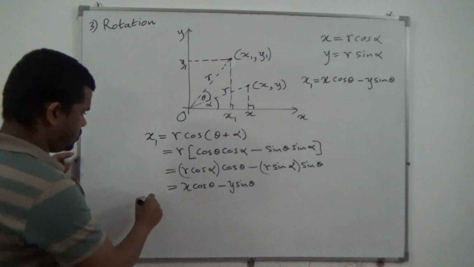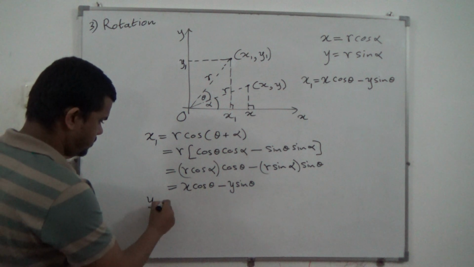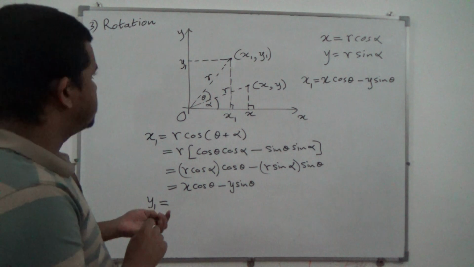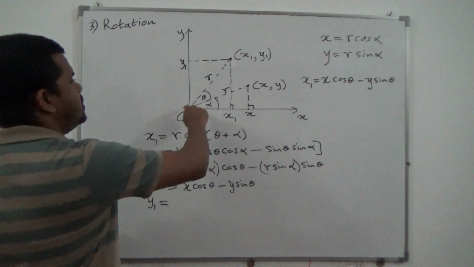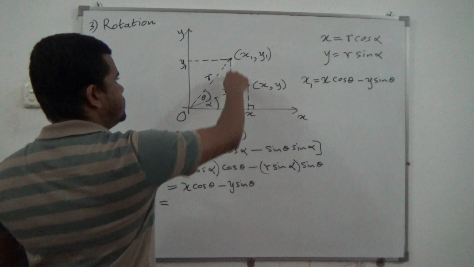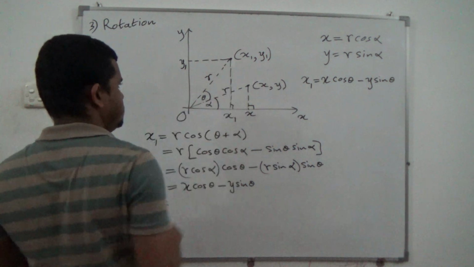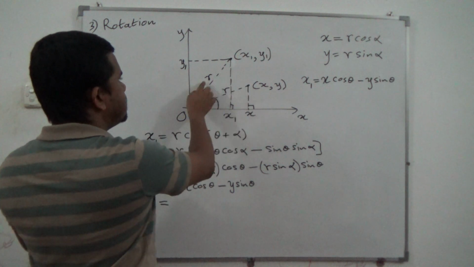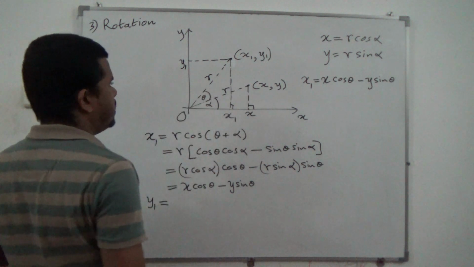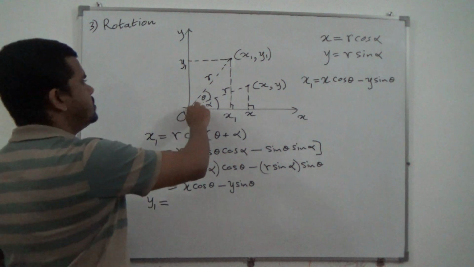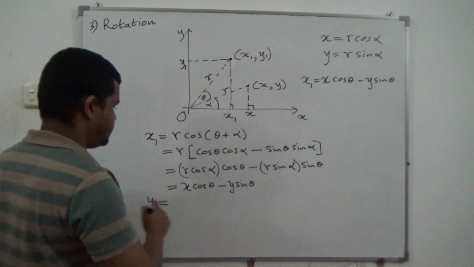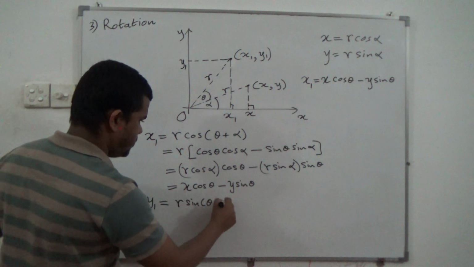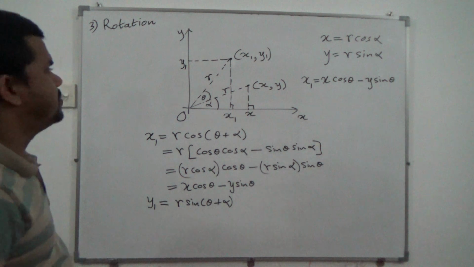Now let's try to get y1. Consider this triangle. Y1 means this distance, r sine of theta plus alpha.